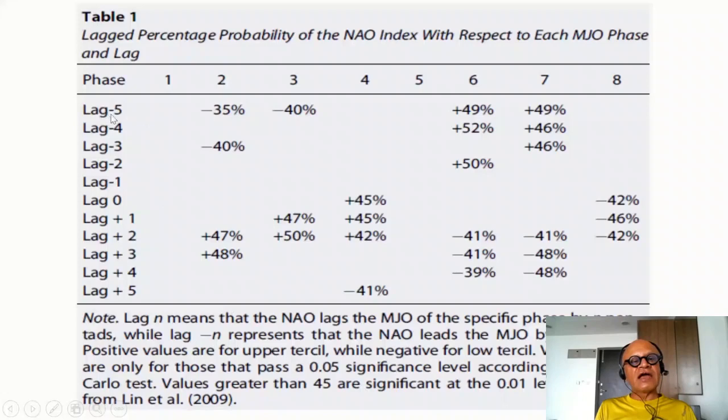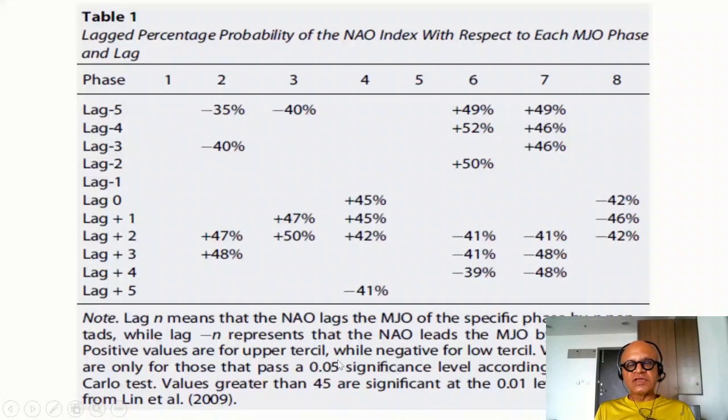So here we are at lag 5, 4, 3, 2, 1, 0, and so on, to -5, -4, sorry. Lag 0 is of course when MJO and NAO are in phase. So you can see that the phase of the MJO and the impact on the NAO can be negative or positive. The positive values are for upper tercile and negative for low tercile.